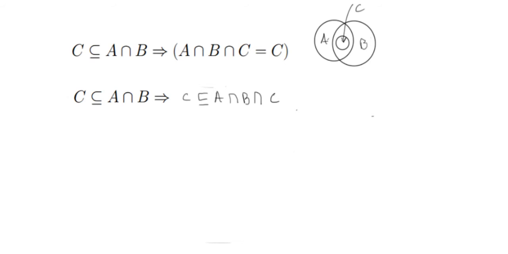We're going to write lowercase c, and that would mean that we're talking about an element in C, so it's maybe kind of shorthand. So C is a subset of A and B. You can rewrite this as an arrow. If an element is in C, that implies that the element is in A and B, because C is a subset of this intersection we're talking about here. So lowercase c implies lowercase a and b.